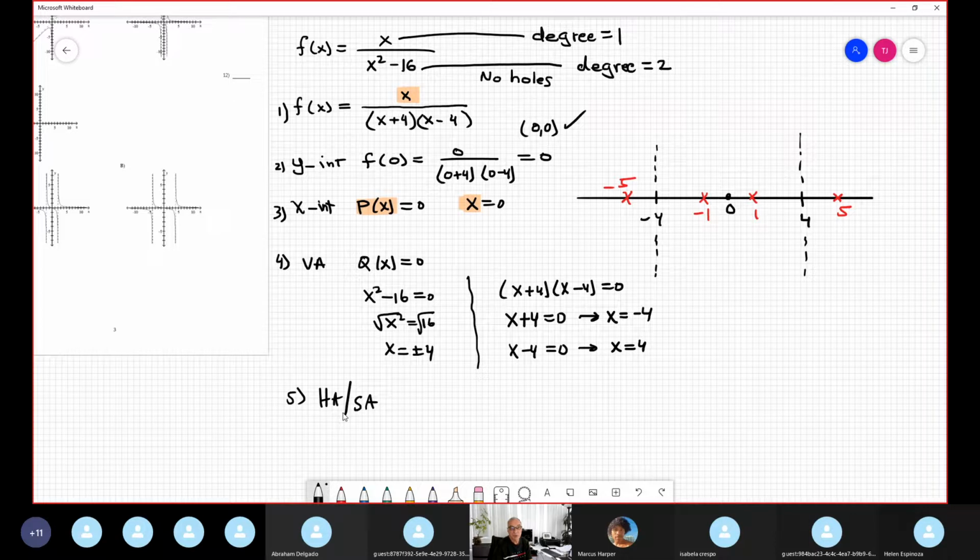And when this situation happens, what do you have? Horizontal, slant, or both? Well, we never have both, because these options are mutually exclusive. So if you determine that we have horizontal, we have no slant. If we have slant, we have no horizontal. But horizontal, yes. We have horizontal.